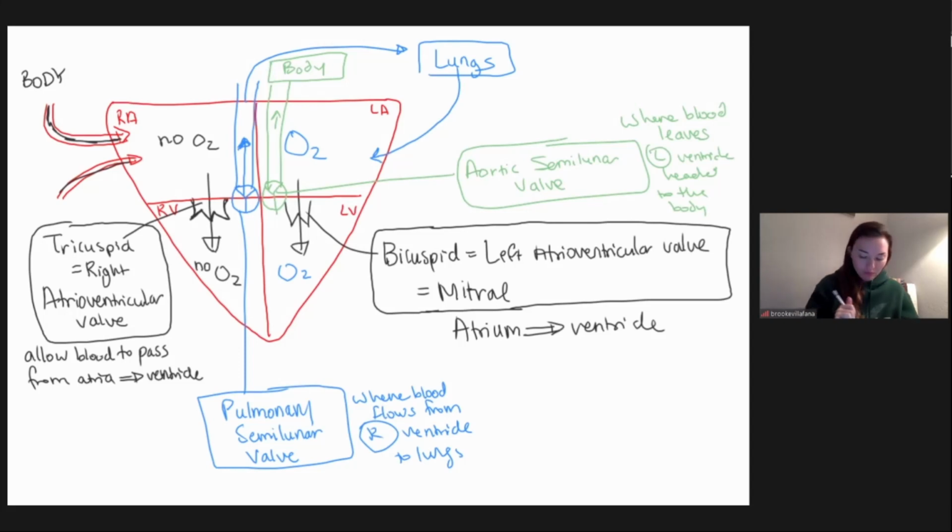All right. So there's more stuff going on here. We have what are called the papillary muscle and the chordae tendineae. So let's do chordae tendineae like this.